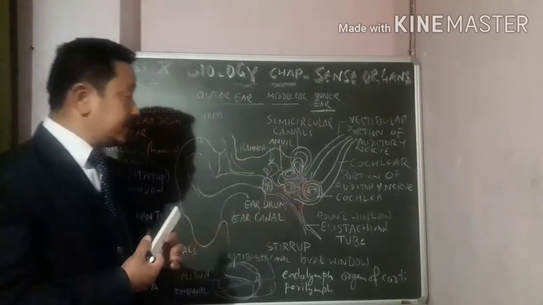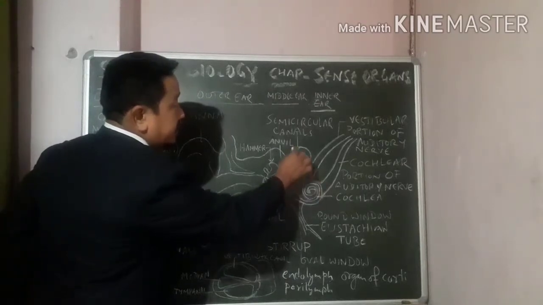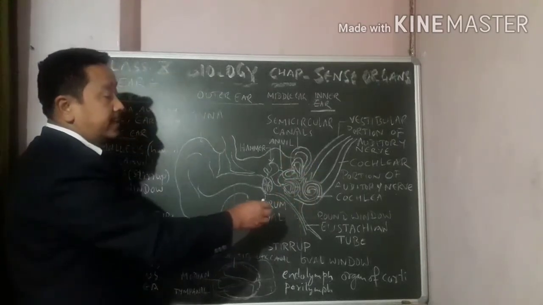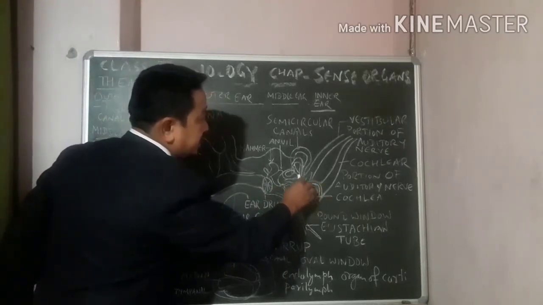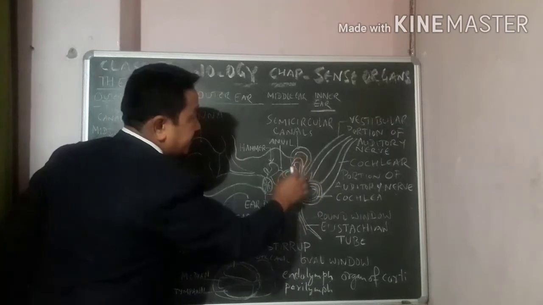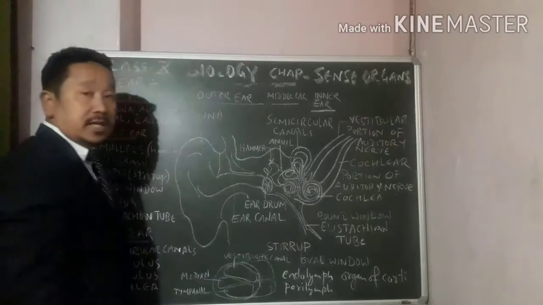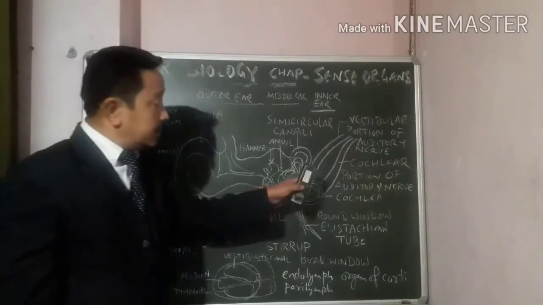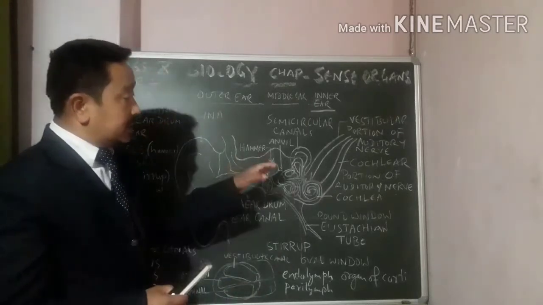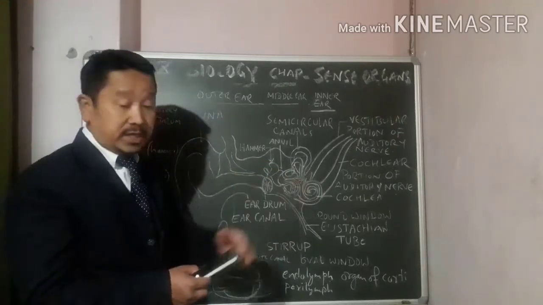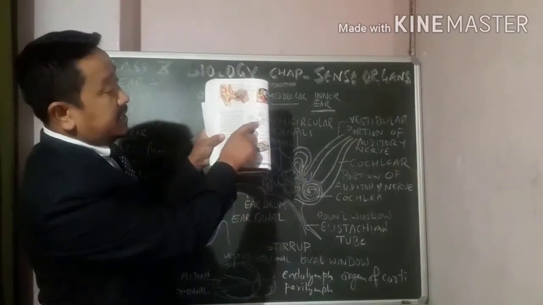And here you see the base of these semicircular canals being attached to this cochlea also. Okay, and this base is a little bit long, which is not shown out here, but as you see in the other diagram of your book, it can be clearly seen.